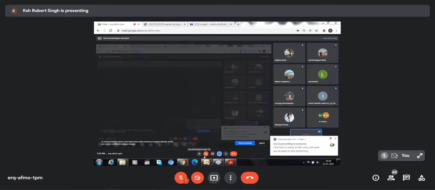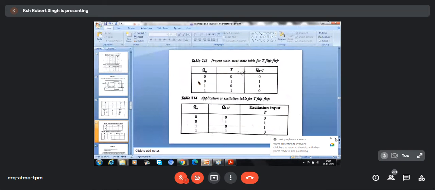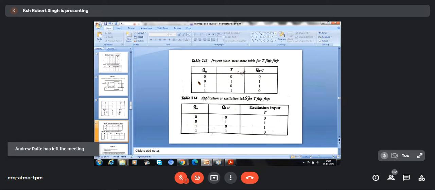Similarly for counters, I will try my best not to ask anything which is directly available in the book, because it is going to be an online exam, so your understanding is required. You can copy from anywhere, from internet sources, so whether you understand or not, that matters. Only those students who understand can answer the questions.